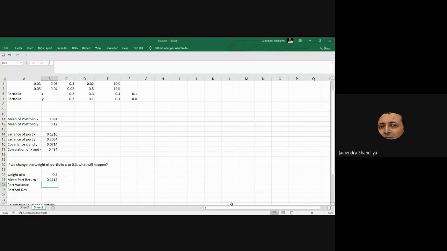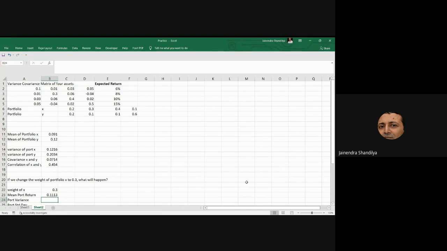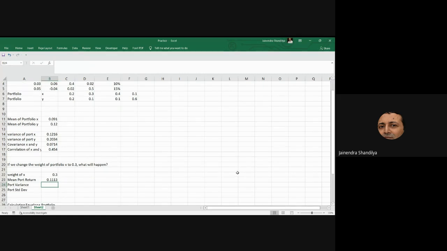which is a very good return, considering that our portfolios of the stocks are giving us 6, 8, 10, and 15%, whereas by just mixing 30% of X with 70% of Y, you get 11.13. Now to calculate portfolio variance, we'll use the same formula.